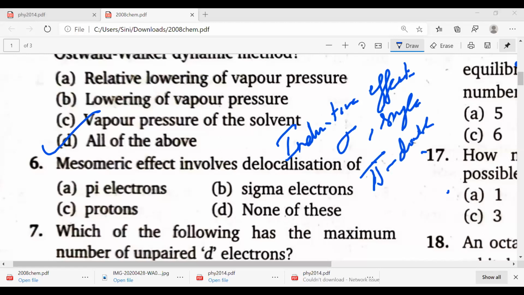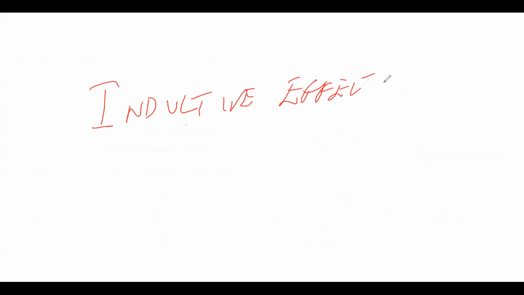Inductive effect, I'll just write down here. Very important. You need to know only this. Inductive effect means what? Single bond, one bond, or a sigma bond.